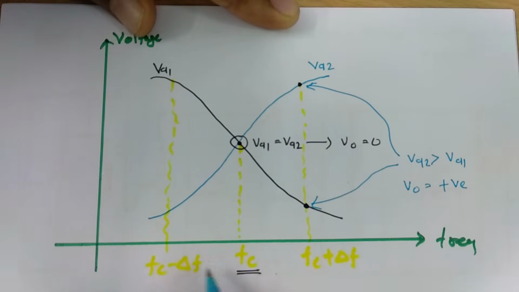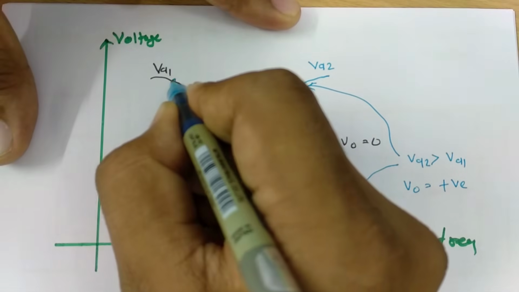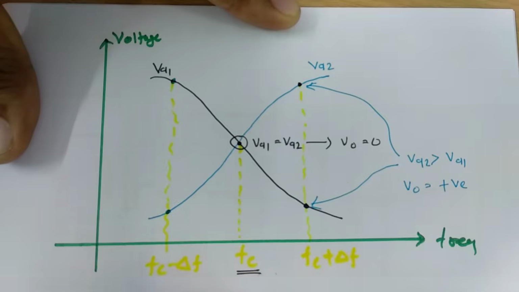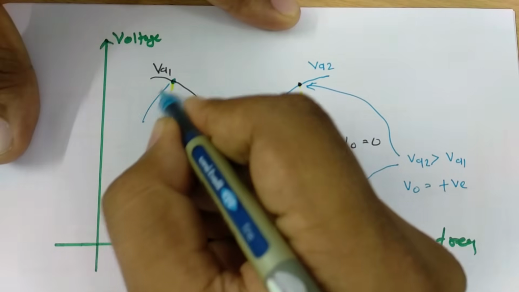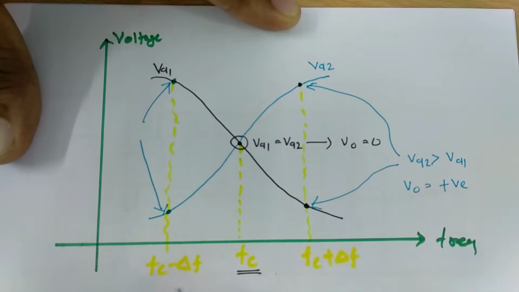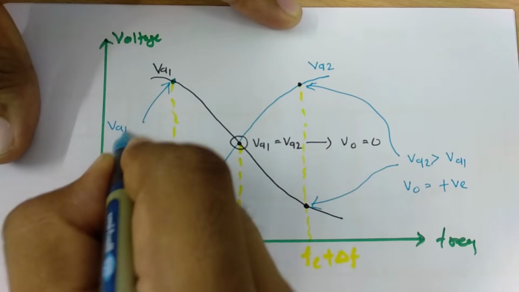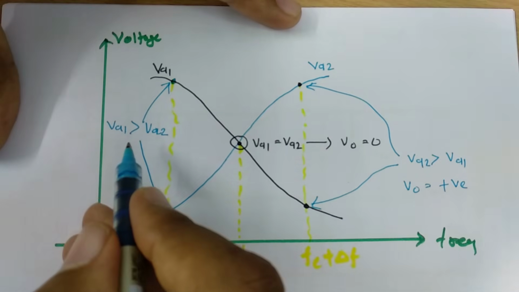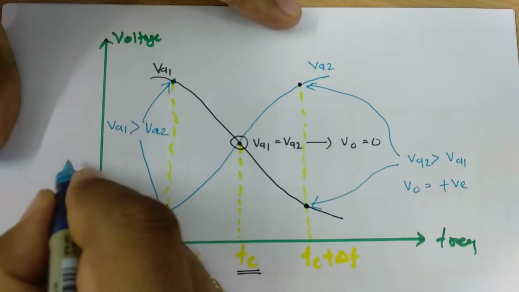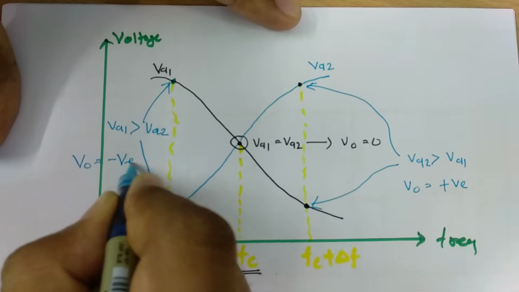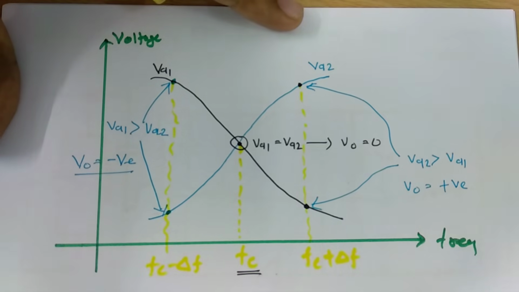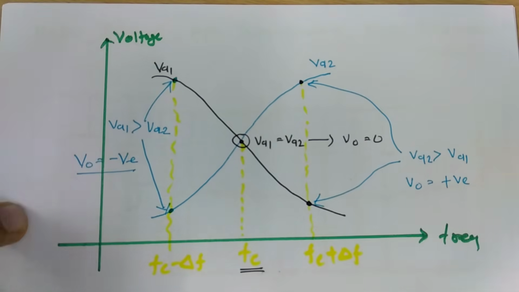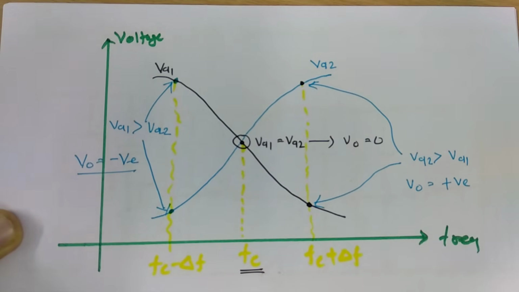And in the third case, Fc minus delta F, there are these points. In that case, one can clearly see here VA1 is greater than VA2. So as our output is V02 minus V01, our output over here will be negative. So that is how the output appears with respect to the tuning frequency. That is how we do phase discrimination and extract the output signal.